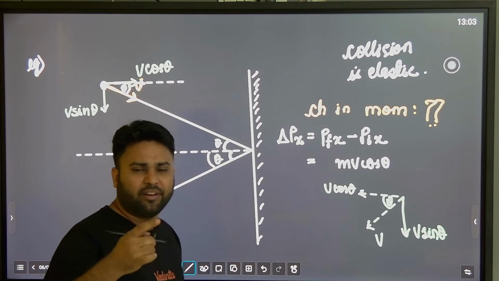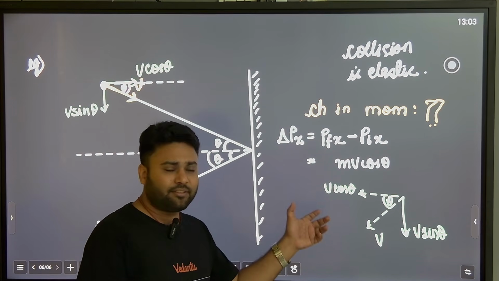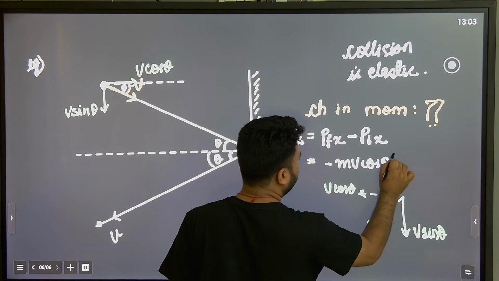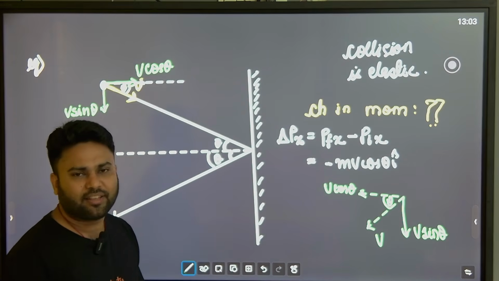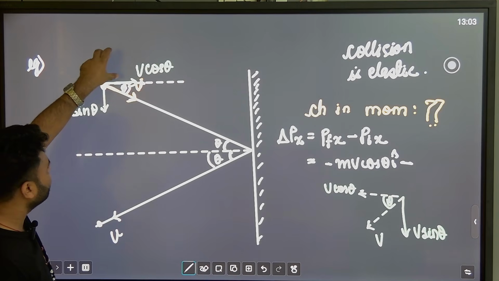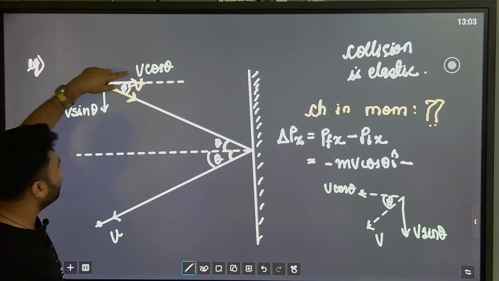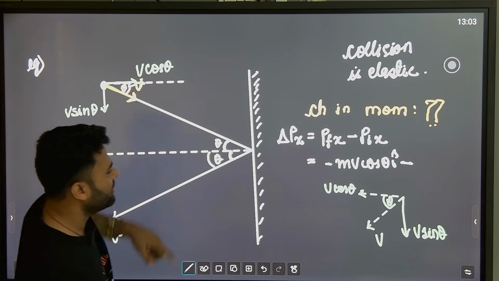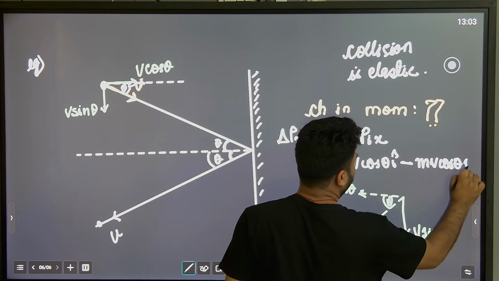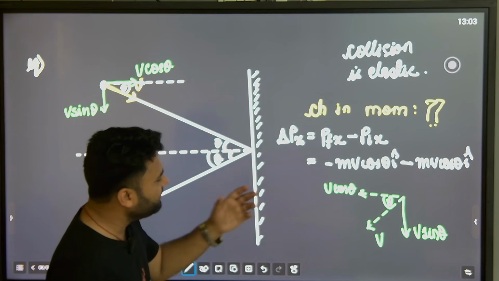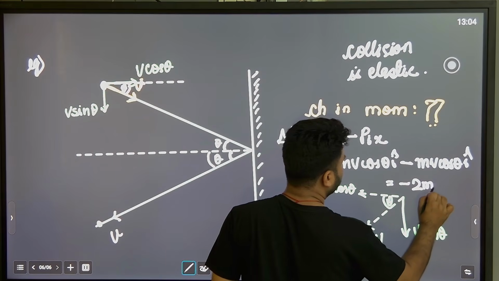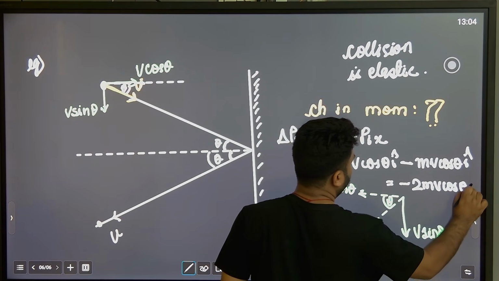Since momentum is a vector quantity, you have to see the direction also. It is going in the left or west direction, so you write minus i cap. This is the final momentum minus the initial momentum in the x direction. Initially the mass is m, velocity is v cos theta, direction is i cap. So minus mv cos theta i cap minus mv cos theta i cap becomes minus 2mv cos theta i cap.